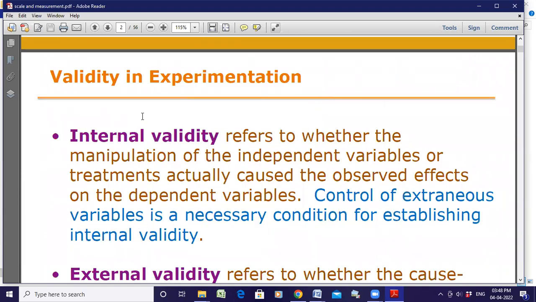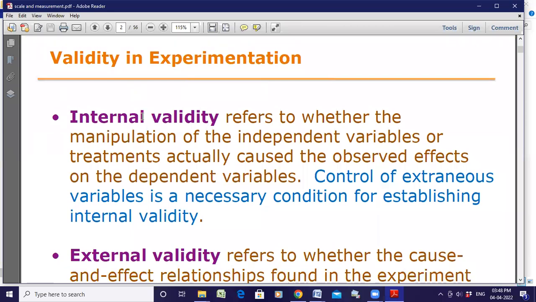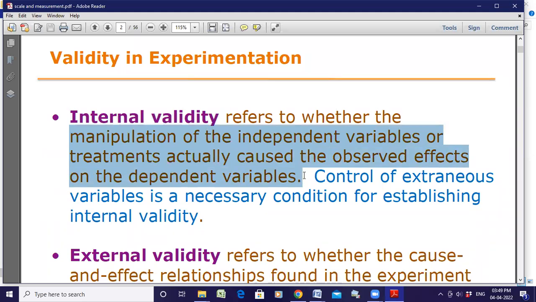Then validity in experimentation, external validity and internal validity. First, come to the internal validity. From the name it is clear that this is of something internal, meaning this refers to whether the manipulation of the independent variables or treatments actually cause the observed effects on the dependent variables or not.